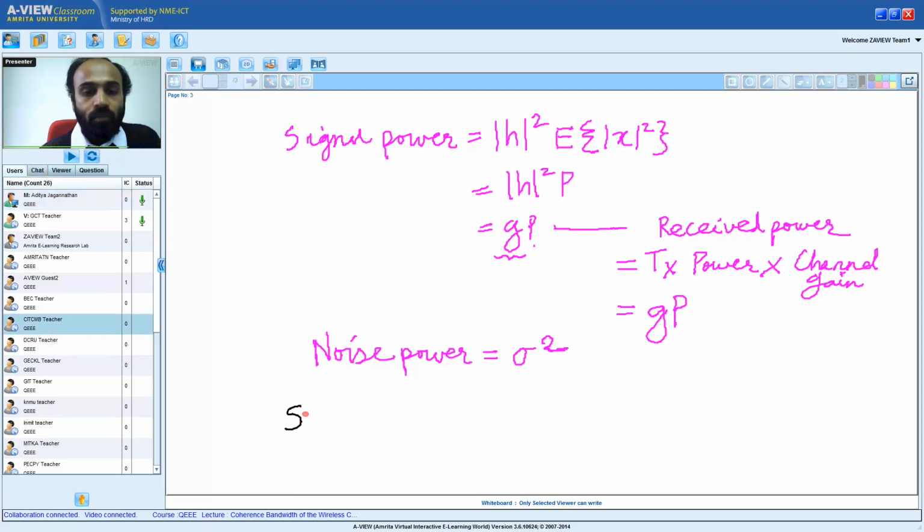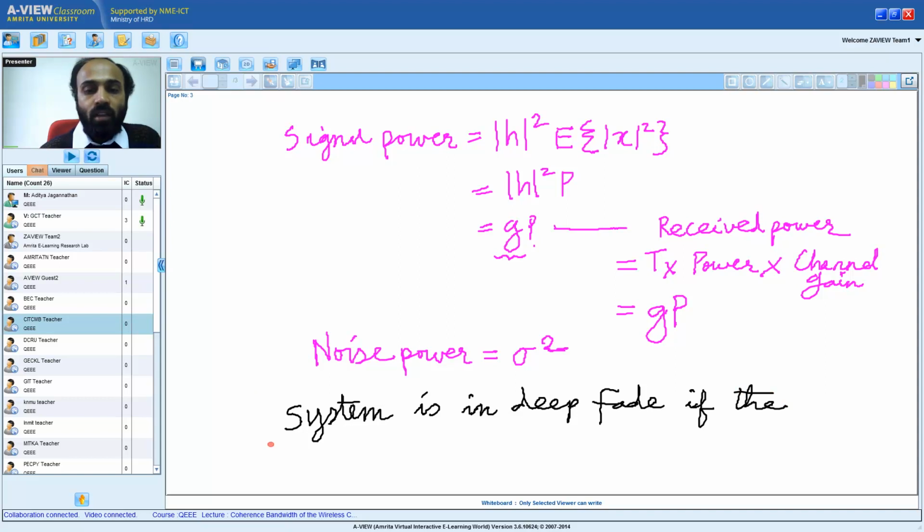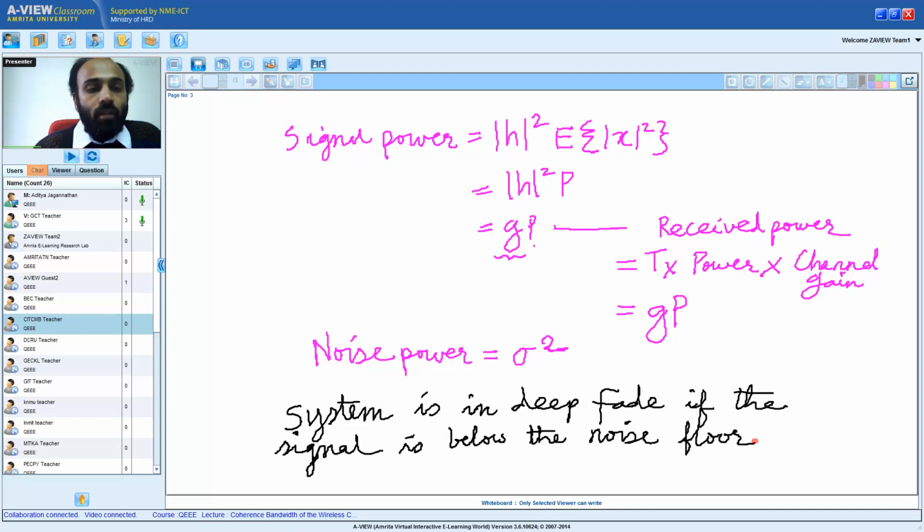So the system is in a deep fade if the signal level is below the noise floor. What does that mean?